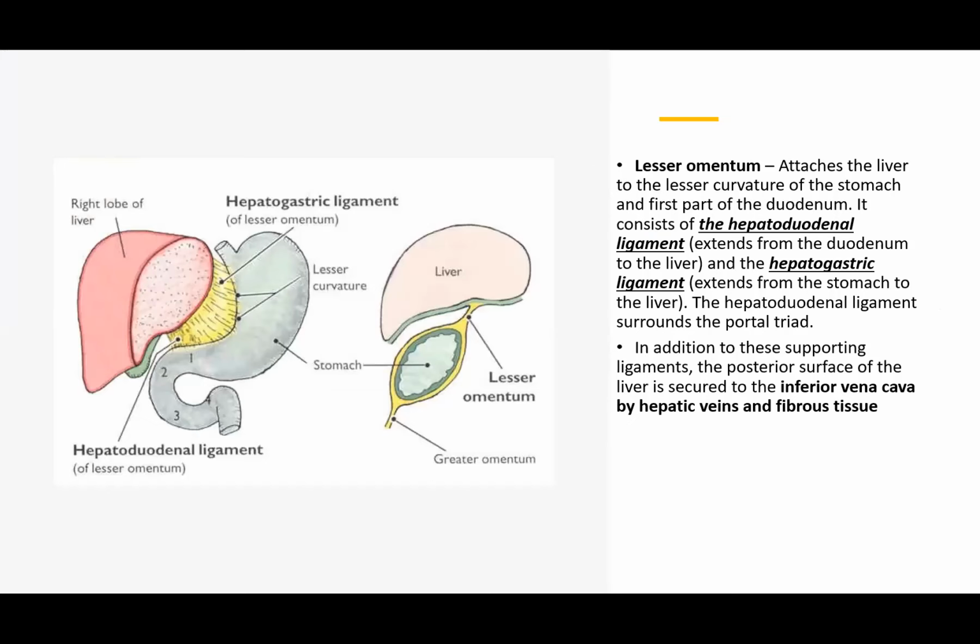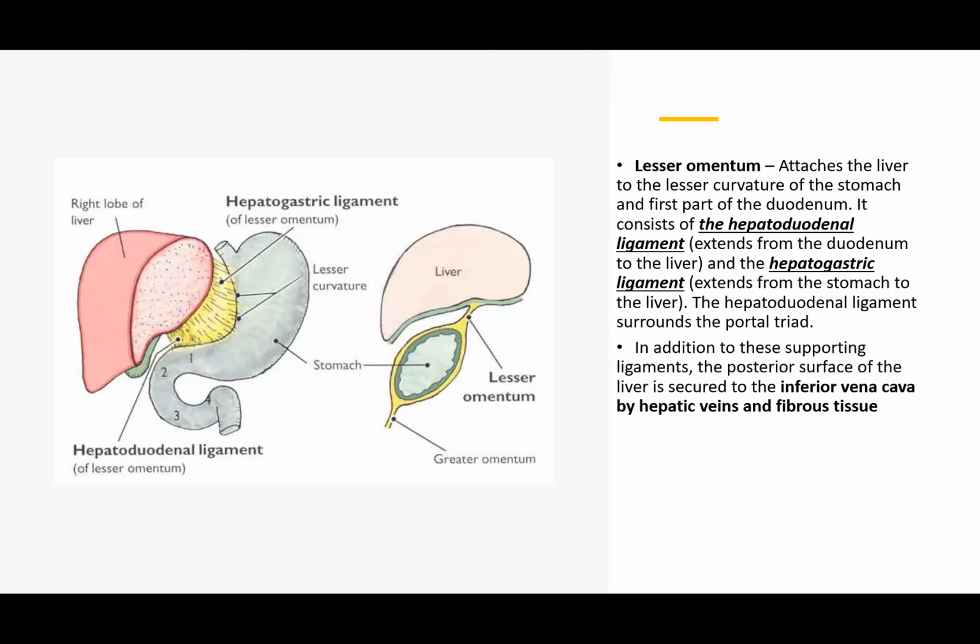The lesser omentum attaches the liver to the lesser curvature of the stomach and the first part of the duodenum. It consists of the hepatoduodenal ligament, extending from the duodenum to the liver, and the hepatogastric ligament, extending from the stomach to the liver.